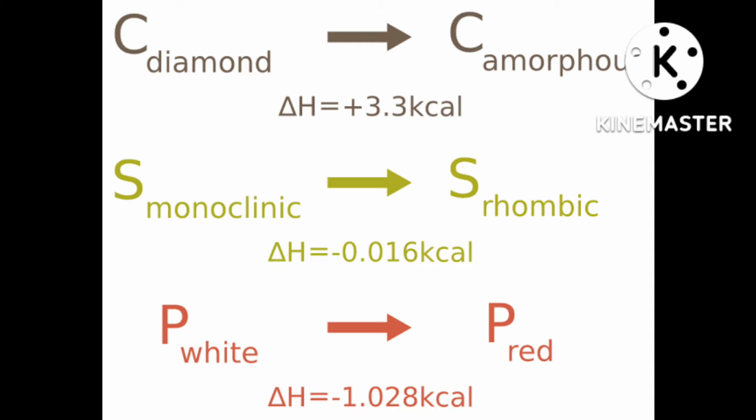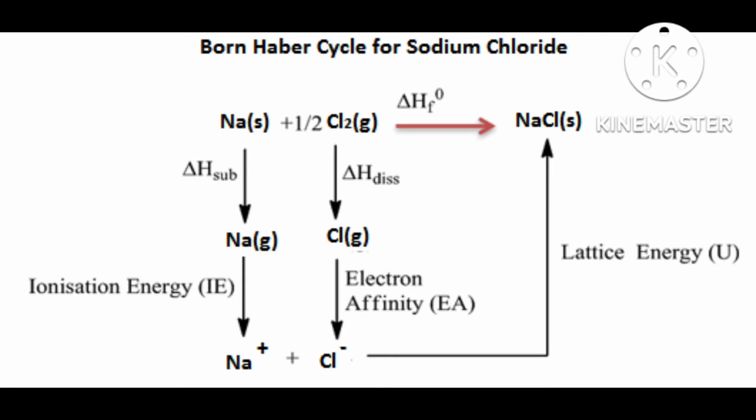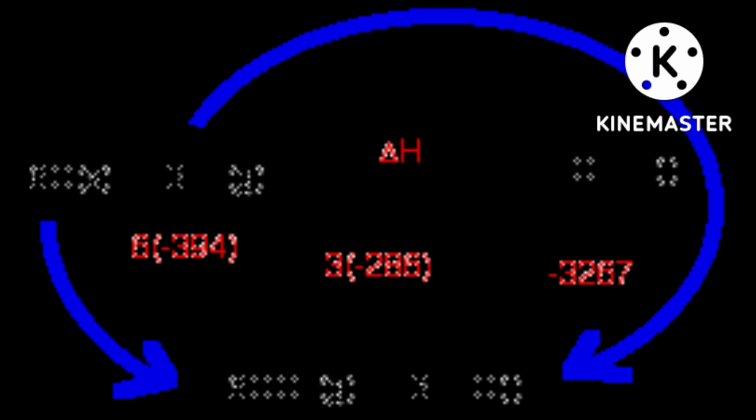You know that a compound is formed from elements. Then what should be the condition for the elements? From its elements in their most stable state. Elements should be in standard state, most stable state of aggregation.